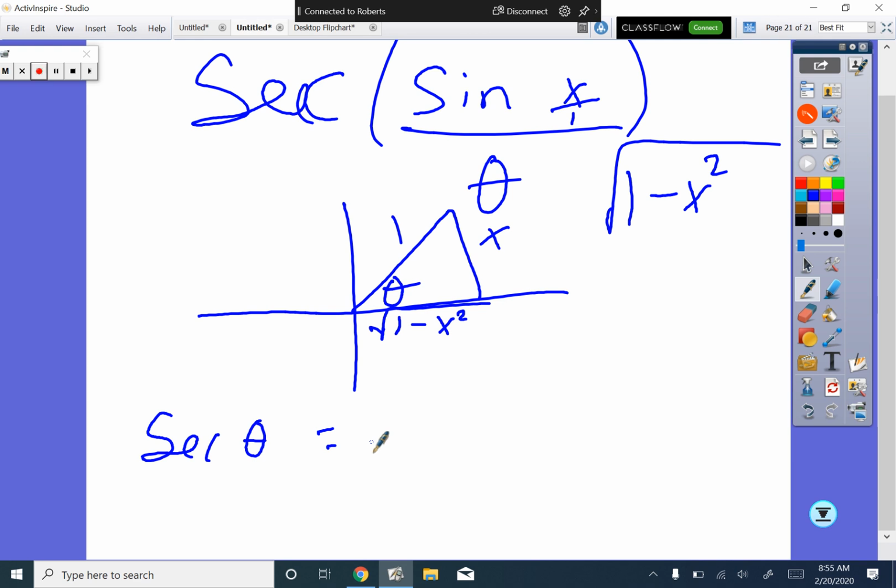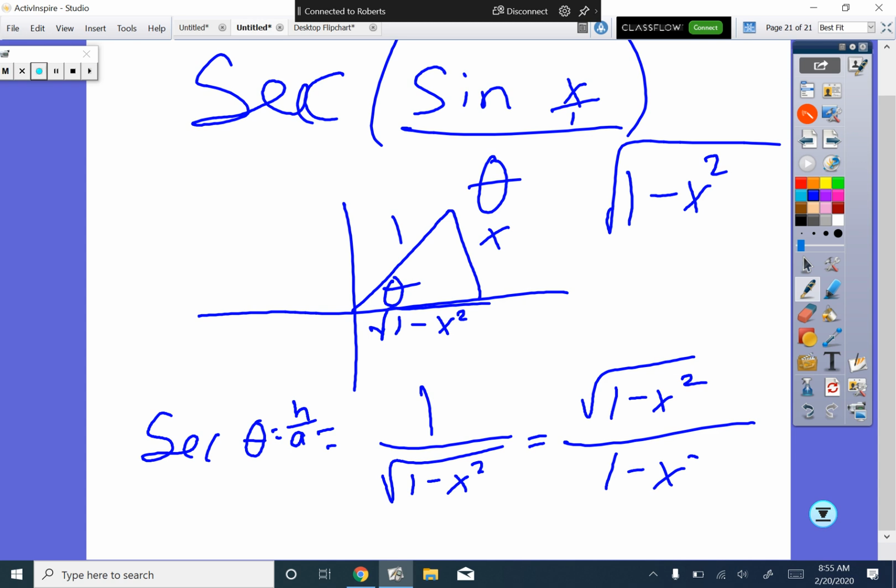It's 1 over cosine, and cosine is adjacent over hypotenuse, so therefore secant is hypotenuse over adjacent. And the adjacent is the square root of 1 minus x squared. So then I rationalize. And there he is.